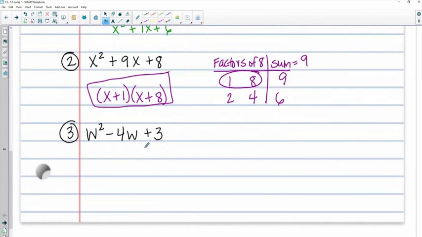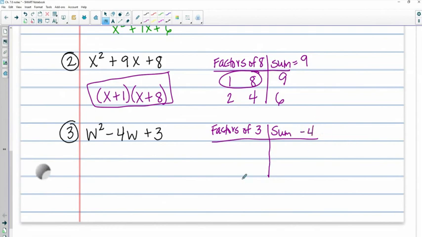If C is positive, but B is negative, then our answer is going to be both of them are negative, right? So that's the rule. Okay, so over here, we're going to do our table. So we need the factors of 3 to give us a sum of negative 4.